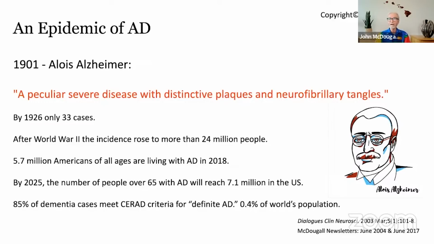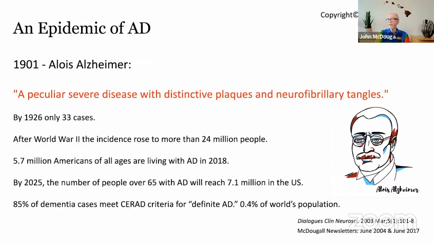And what they found is a particularly severe kind of lesion. They're called plaques and neurofibrillary tangles. The amyloid is part of the tangle. It's also referred to as tau protein. So anyway, the first case was described in 1901 in a woman who had rapidly progressive dementia.